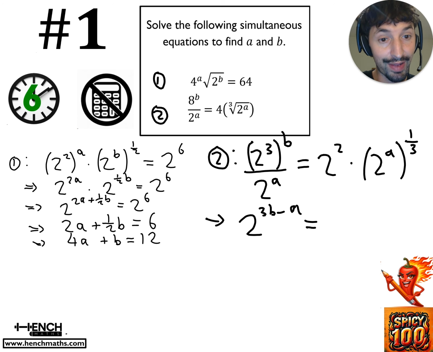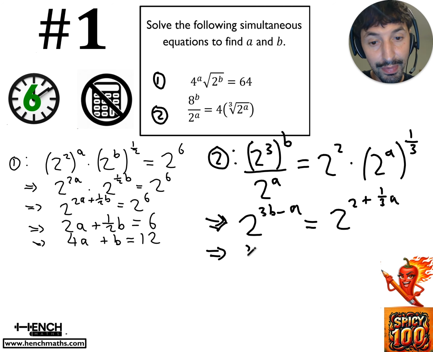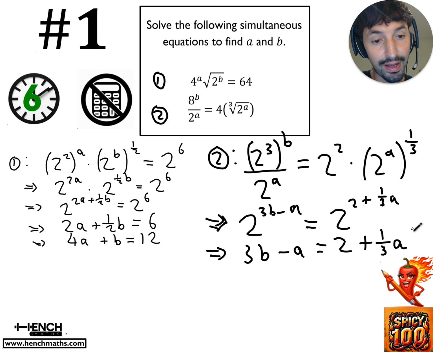If we then add the powers, we get 2 to the power of 2 plus 1 third a. And thus we can make this little equation: 3b minus a is equal to 2 plus a third a.